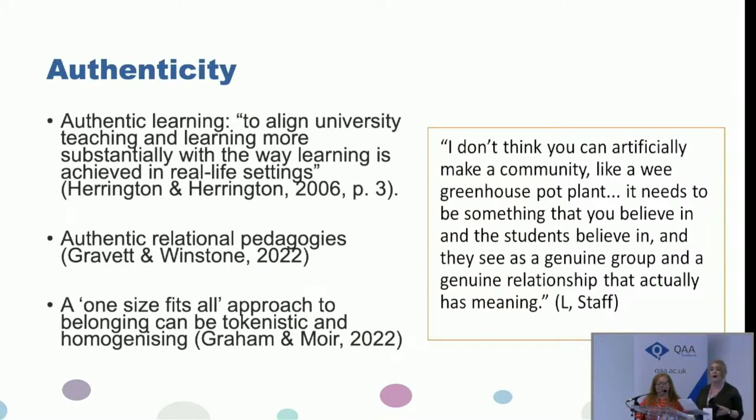There's a sense that there can be a kind of surface level belonging, or that we can maybe assume that belonging exists, but actually it might not. And that instead, we need to support students to feel a legitimate connection with each other and with us. And that is really a more authentic form of belonging. And that was something that participants felt the mini projects really achieved through the approach that was used there.